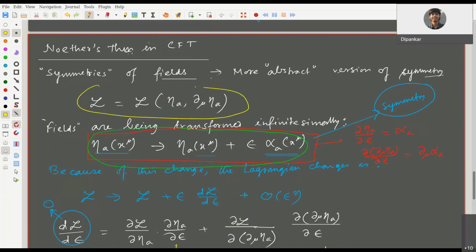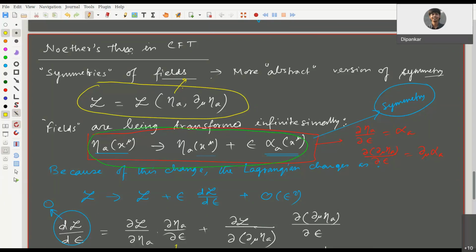I want to construct a theory, and the theory is described by some abstract field which I called, say, eta A. There may be many independent fields which I will call eta 1, eta 2, labeled with that. So I'm constructing a theory with certain fields inside, and my only point is that I can somehow guess the Lagrangian. I am not answering the question yet of how I can guess the Lagrangian. That is a whole different discussion altogether.